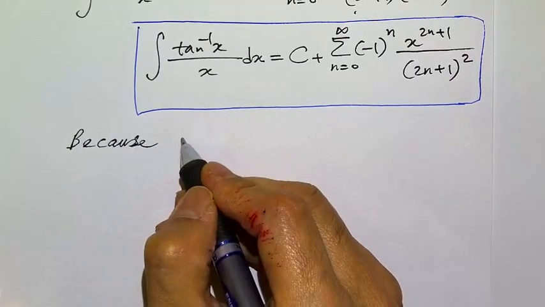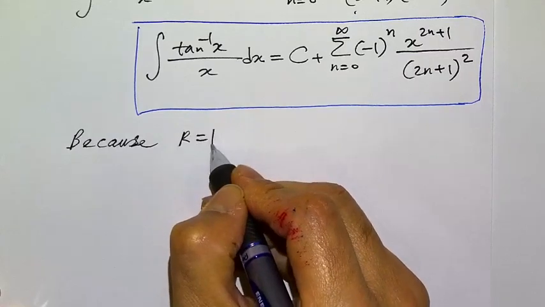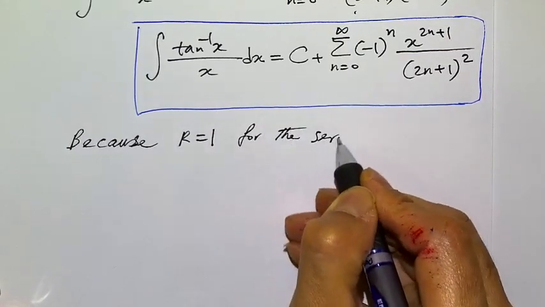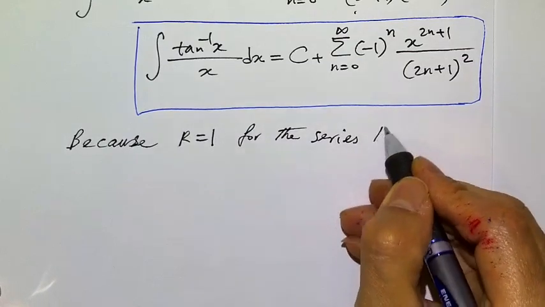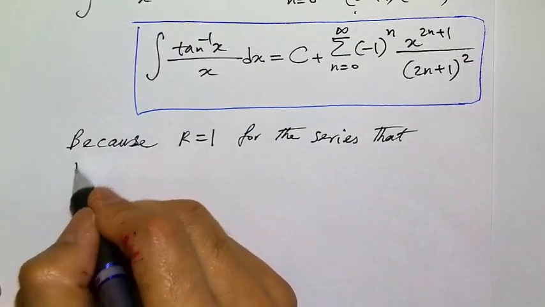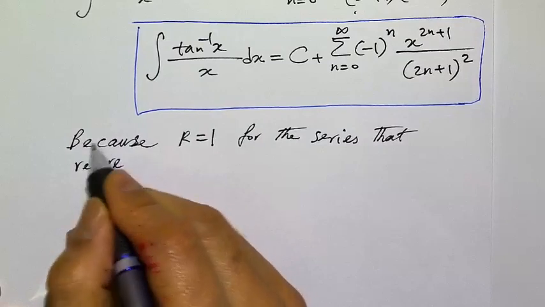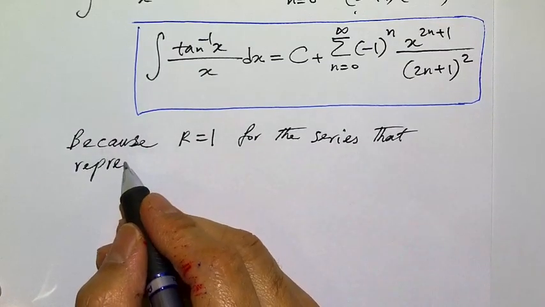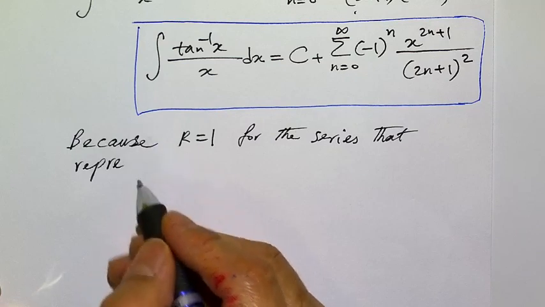Because r equals 1 for the series that represents inverse tangent of x, it's all about the theorem that we had, that the radius of convergence does not change throughout this procedure.